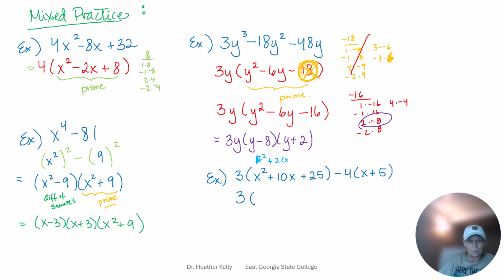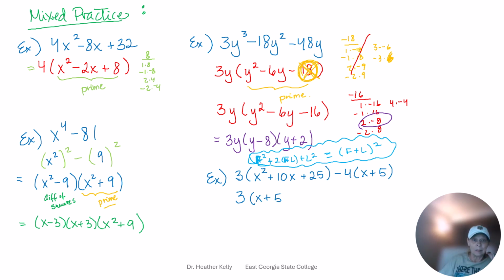F squared plus 2FL plus L squared is equal to F plus L squared. But if you don't commonly know that, that's okay. But this is something that you have most definitely studied before you got here to me. So I'm not being completely nuts by suggesting that you might recognize that.